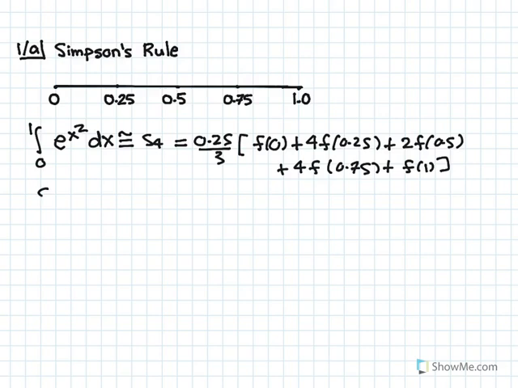Now plugging this into the function, we get S4 is equal to 0.25, that's delta x, divided by 3. Now, how do we evaluate f of 0? We know the function f of x is e to the x squared, so plug 0 in for x.